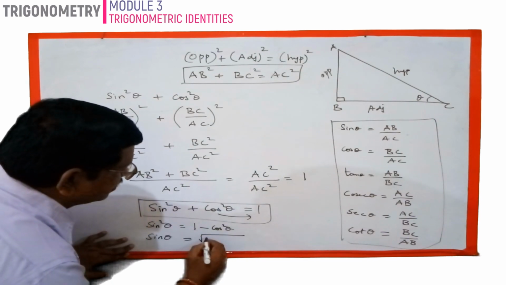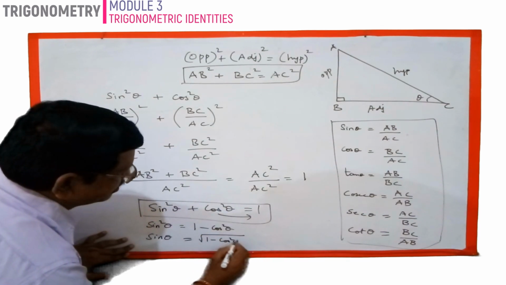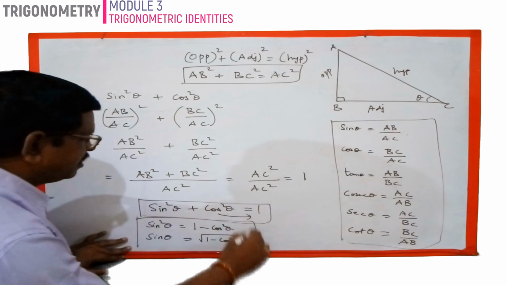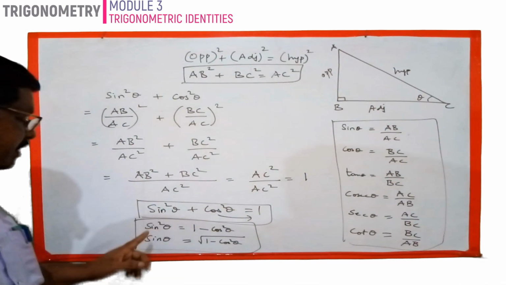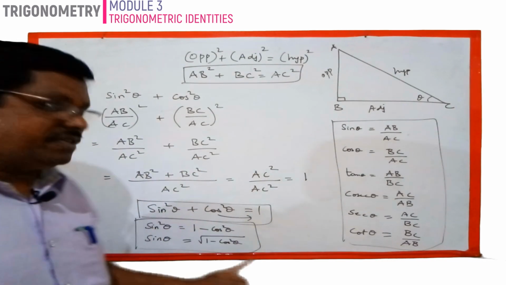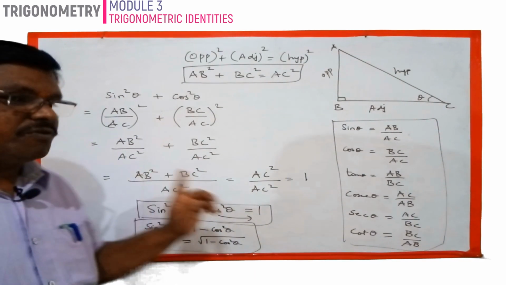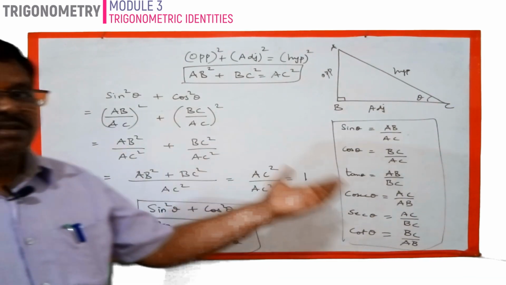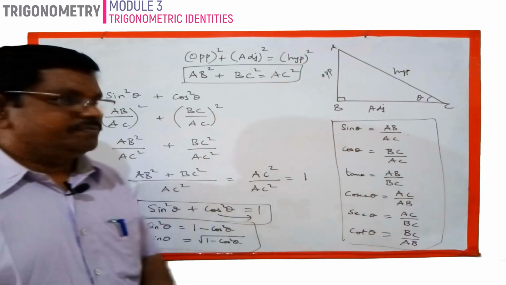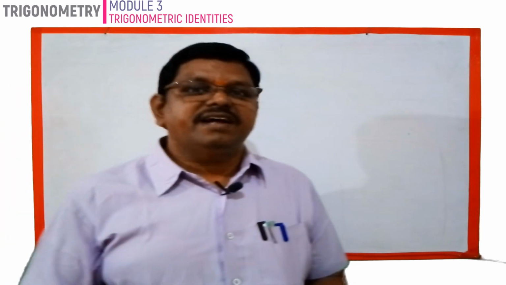On the right hand side we will get root of 1 minus cos square theta. So from the formula sin square theta plus cos square theta is equal to 1, we have got two more formulae, that is sin square theta is equal to 1 minus cos square theta and sin theta is equal to root of 1 minus cos square theta. Similarly, we can get the other two identities also. Let us solve the other two identities also.